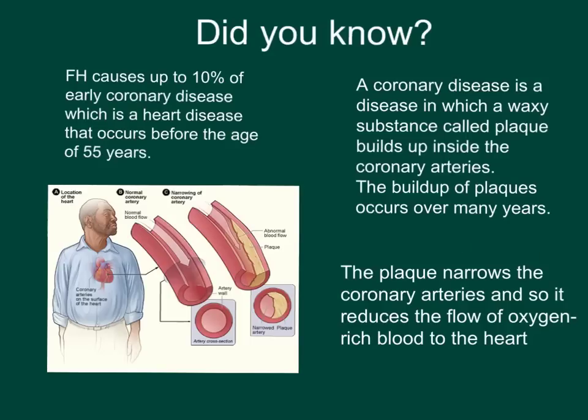The plaque narrows the coronary arteries, and so it reduces the flow of oxygen-rich blood to the heart. So here you can see that in the location of the heart, here is a normal coronary artery with a normal blood flow, and here you can see that there is an abnormal blood flow as the plaque is here, and it is reducing the amount of blood flow.